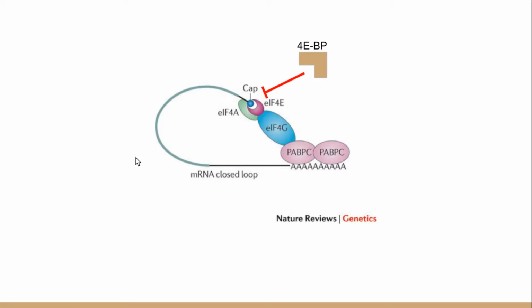A protein, cleverly named eIF4E binding protein, abbreviated 4EBP, can bind and inhibit eIF4E, preventing it from binding to the methylguanosine cap. And this prevents translation.